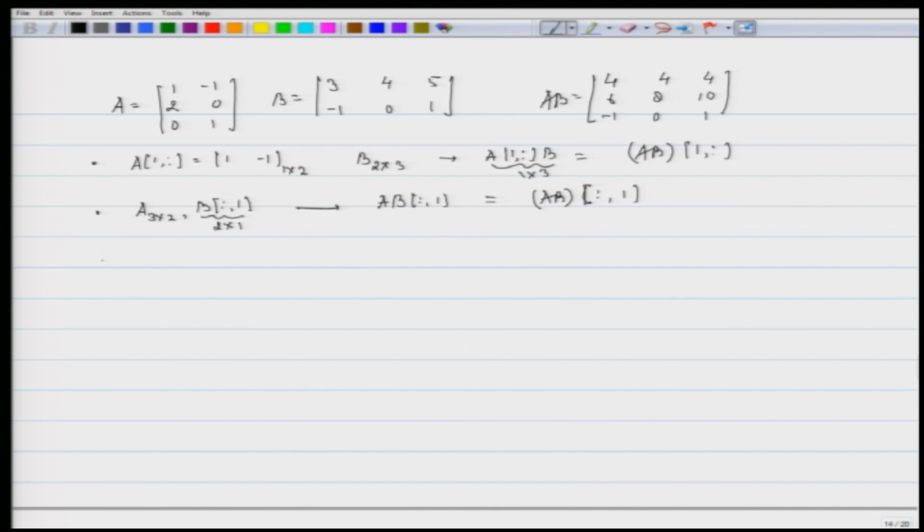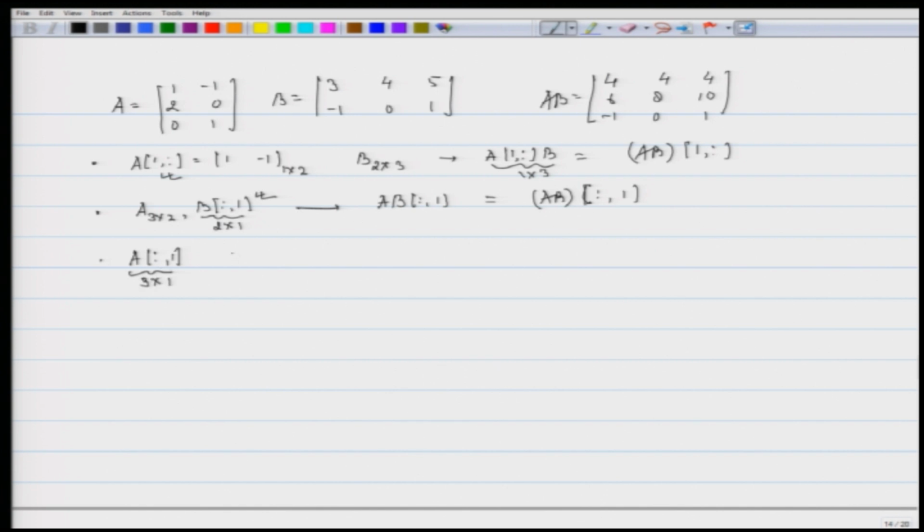I can also talk of, let us try to understand this. So here I talked in terms of rows, here I termed in terms of columns. Now what about the other way around, something else? So I look at columns of A. The first column of A, if I look at, this is a matrix of size 3 cross 1.